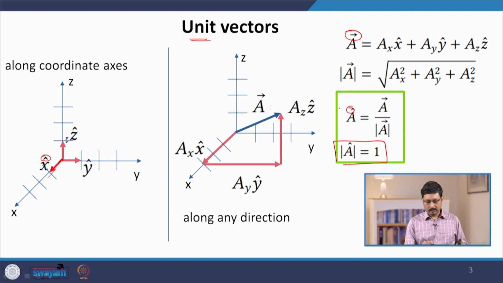Now let us take a vector A which is along any direction. This is our vector A. Then what is the unit vector along A?